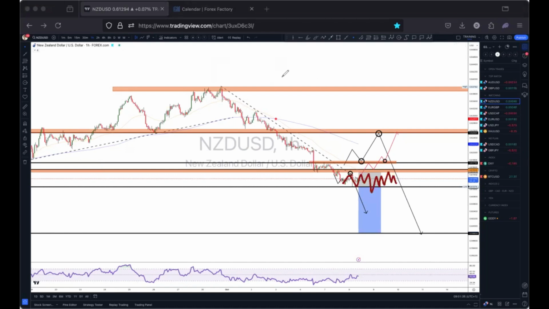The Reserve Bank of New Zealand will release the interest rate, and there will be a lot of policy and rate statement conversation going on in New Zealand right now. By 2 a.m. tomorrow morning, there will be a statement, a rate, a number, and that would definitely either make this pair fly up or drop down. So we want to be careful.